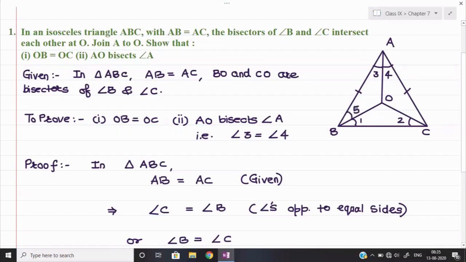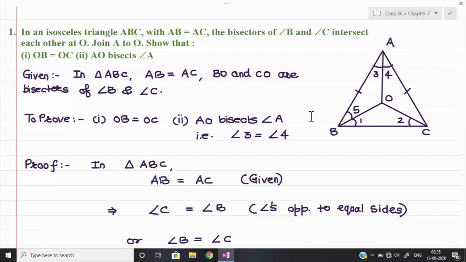So I will say that angle 1 and angle 5 are the two equal parts of angle B. Similarly, if I mark angle 2 and angle 6 above, then I can say that these two are the equal parts of angle C.